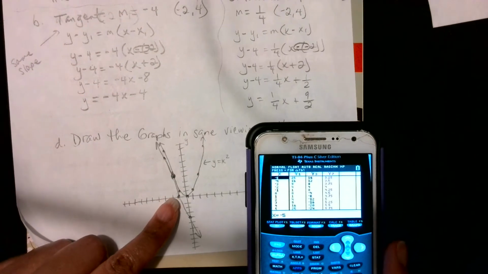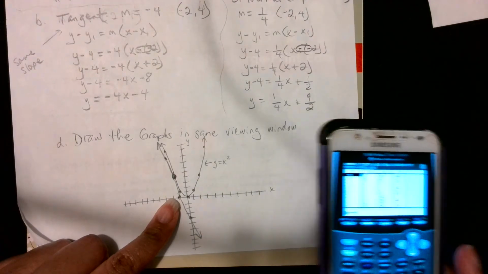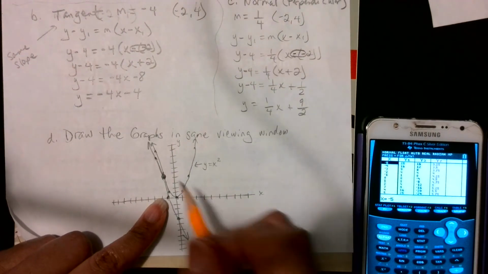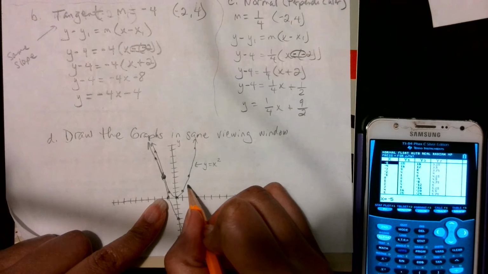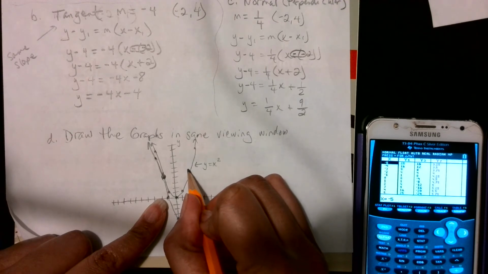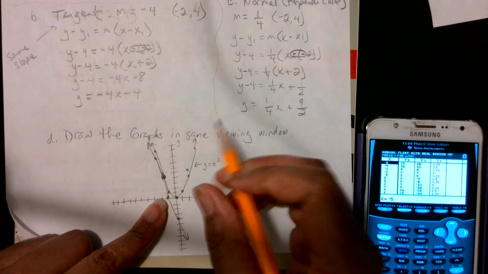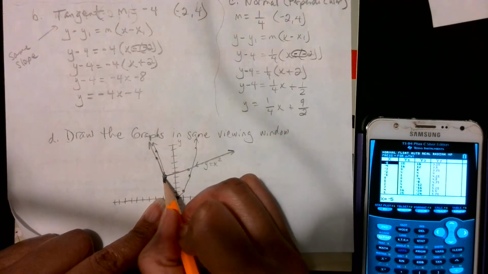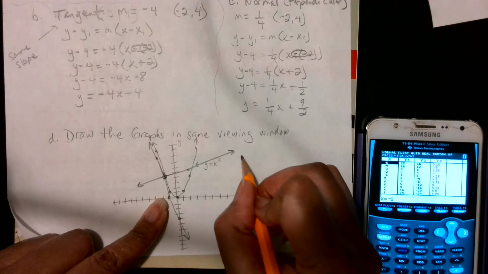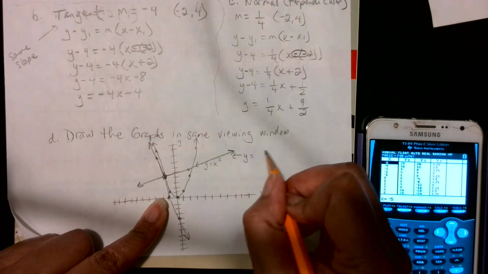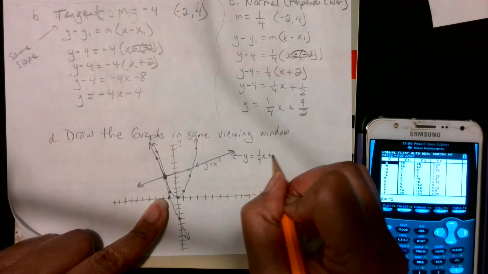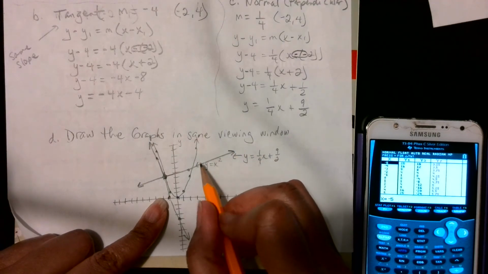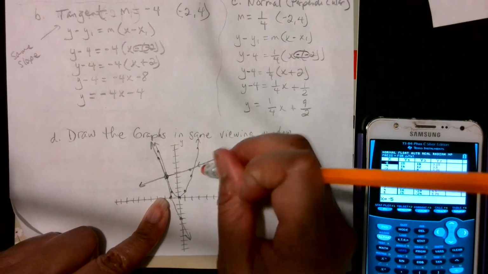And I just need another point for my normal, and I don't like these decimals, so I'm gonna come down here and get 2 and 5. So let me move this over a little bit and get 2 and 1, 2, 3, 4. So 2 and 5. And that will be that. So this is my normal.